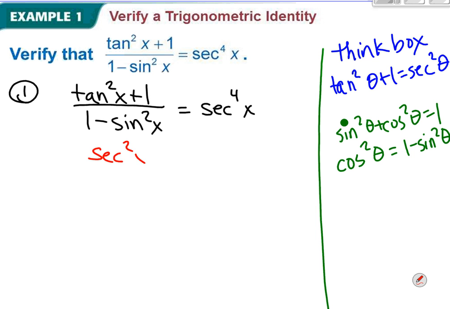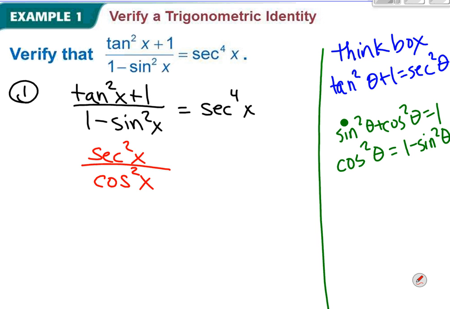Secant squared x over, and 1 minus sine squared x is going to be cosine squared x. And then I want it to be secant to the fourth, so I feel good because I have secant squared there already. Remember a strategy we said yesterday, so we're using the same strategies, just doing a little different problem.